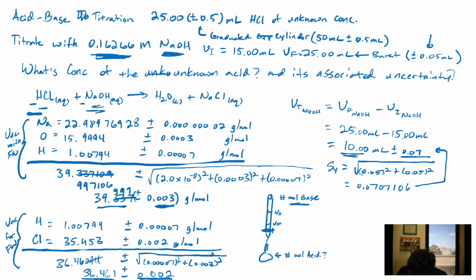Okay, so it'll be 0.002 divided by 36.461, and then that should give you the relative uncertainty, the SY over Y. Okay, and I'm just going to do it real quick in the calculator.